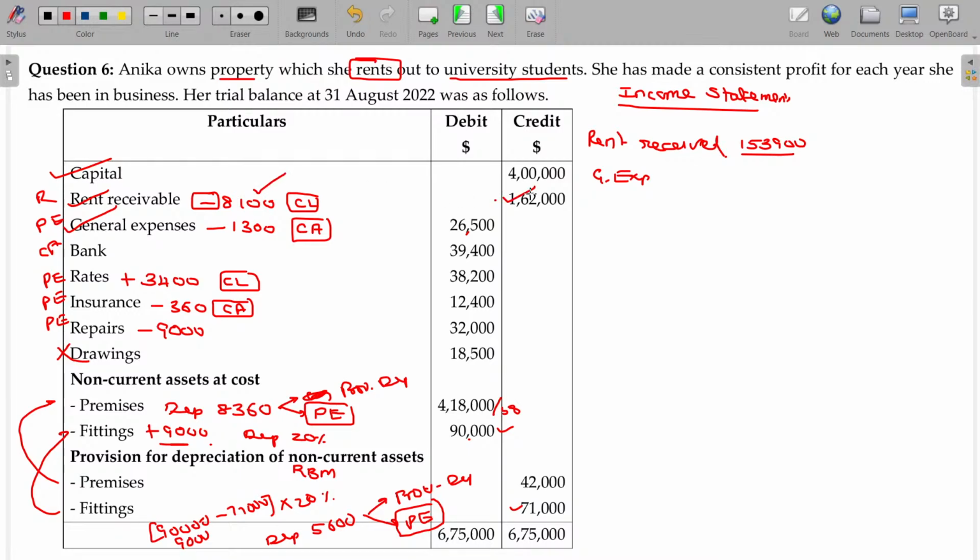This one is subtracted. Rent receivable, 1,62,000 minus 8,100, 1,53,900.